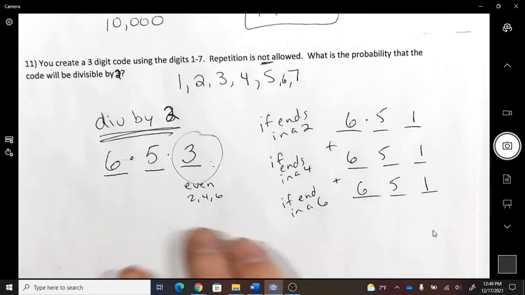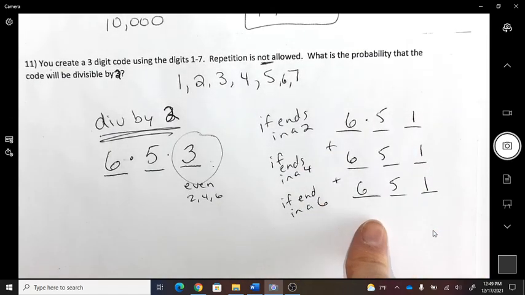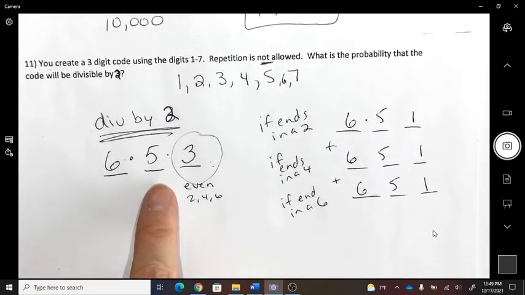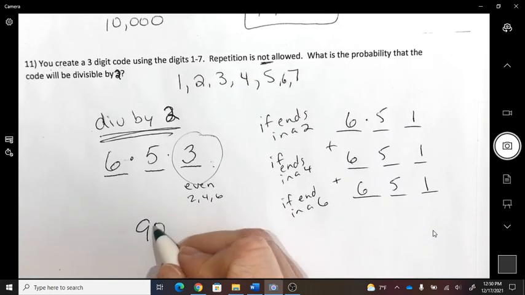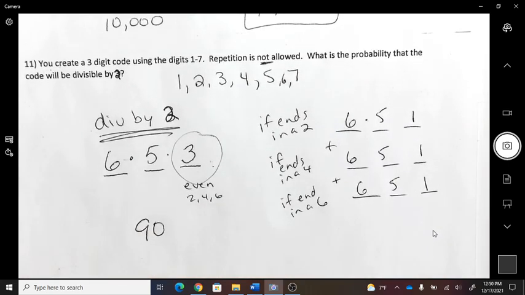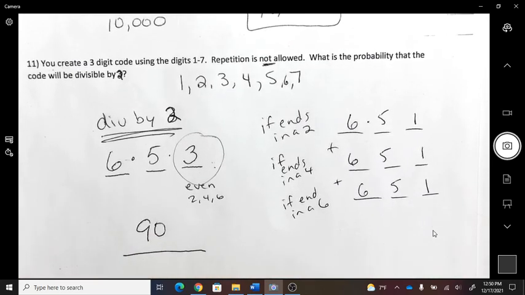Adding those up is the same thing as me doing this, because it's timesing it by 3 and there's 3, right? Okay, do we have a value on that? 6 times 5 times 3? 90. But this is a probability, so this is the scenario if it's divisible by 2 divided by all possible scenarios.